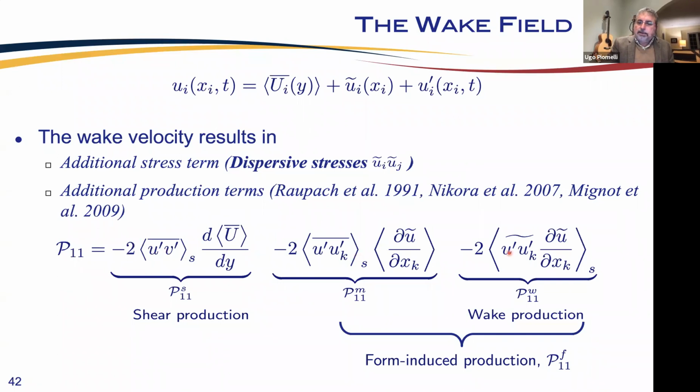And then there are two terms that depend on the roughness geometry, and they are lumped together into the so-called form-induced production. Those terms have the tilde in them. The tilde is the spatial variation of the time average, and it is directly related to the geometry itself, so to the shape of the roughness, to the type of roughness, sand grain, or whatever other shape it has. There is a difference between these two terms. This is called the wake production. This one doesn't have a name, and I'll talk about it a little bit later when I show some results.